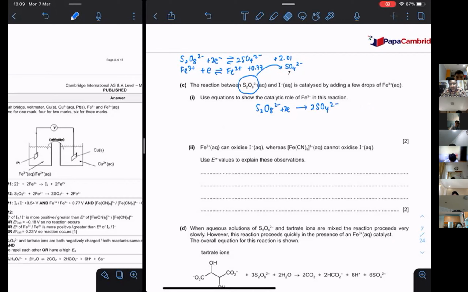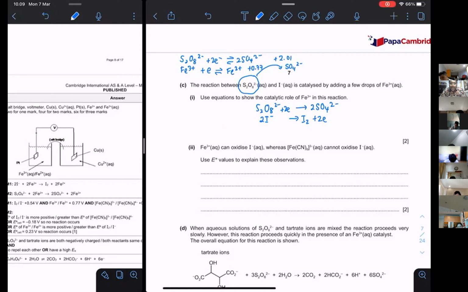And then you have the I minus. This I minus, of course, is going to lose the electrons, 2I minus to give you I2 plus 2 electrons. You should know this. No need to refer to the data booklet. These two will happen.